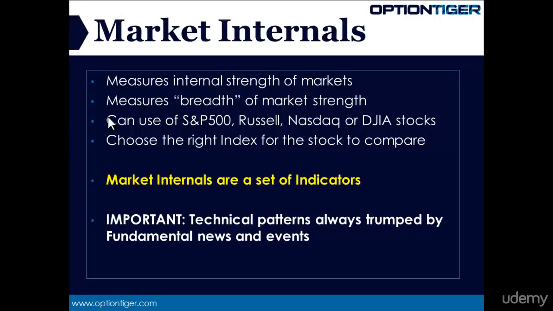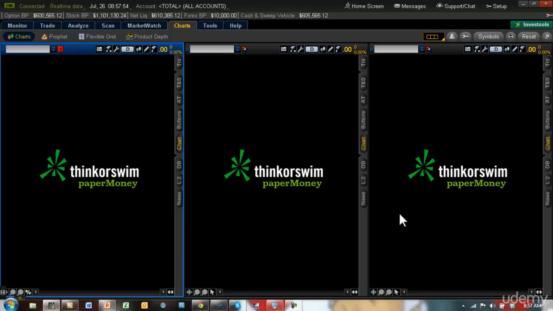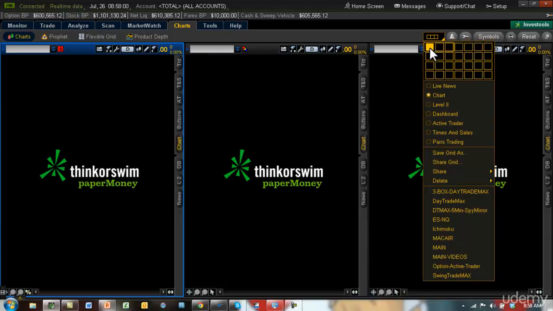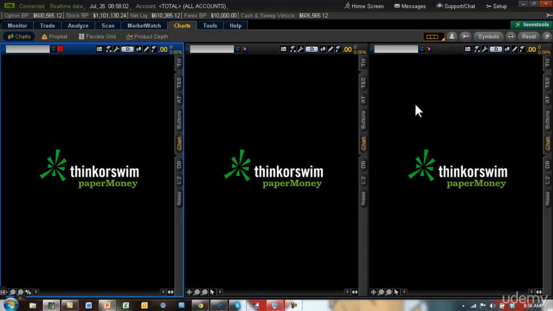Okay, so let's jump into the Thinkorswim platform, and we'll take a look at these indicators in action. On the Thinkorswim screen, I'm starting off with a blank chart here. If you pick these three, you can put three indicators. The way we want to look at market internals is, as I'm going to show you, there are many indicators you can look at.